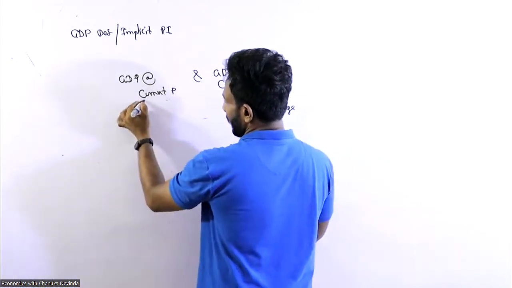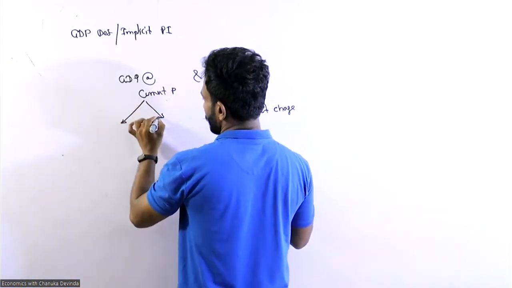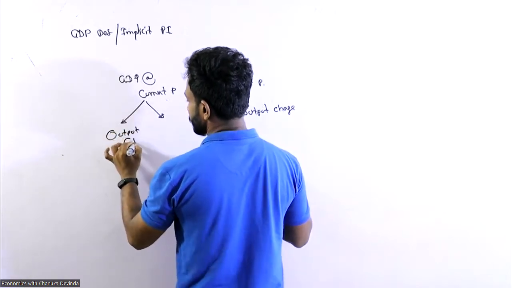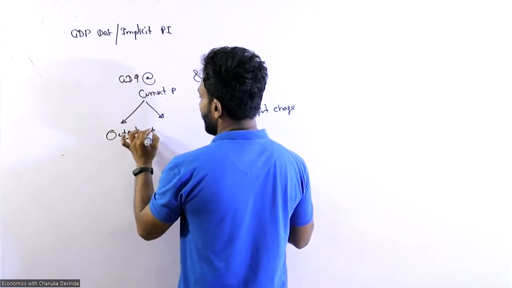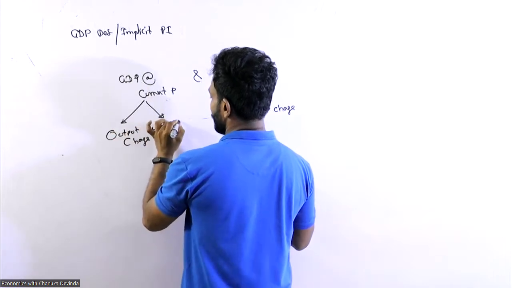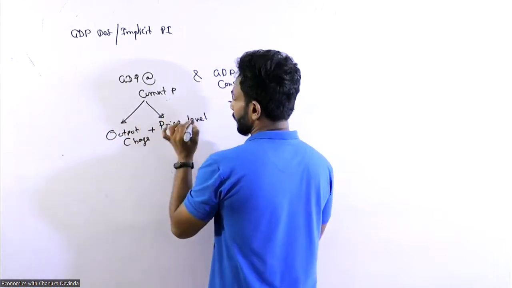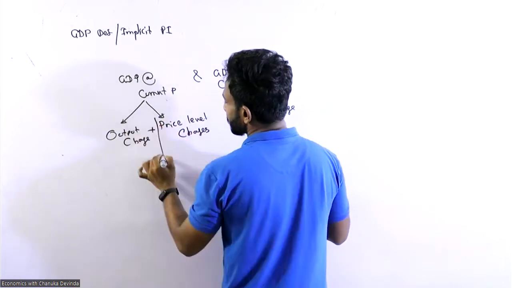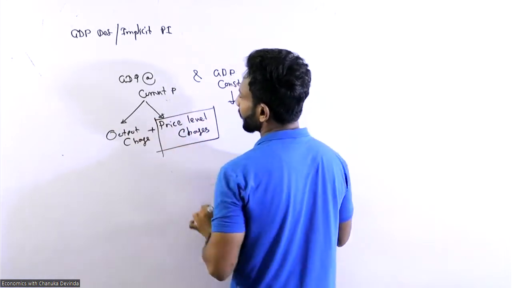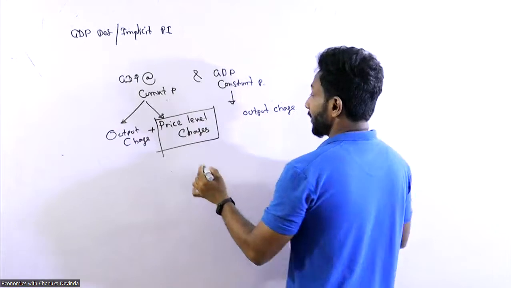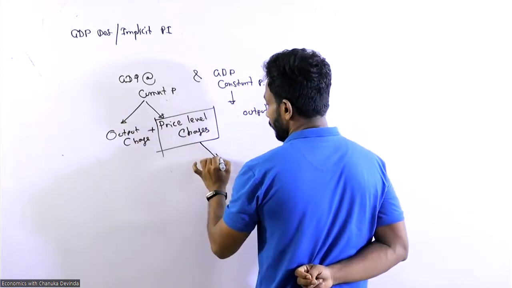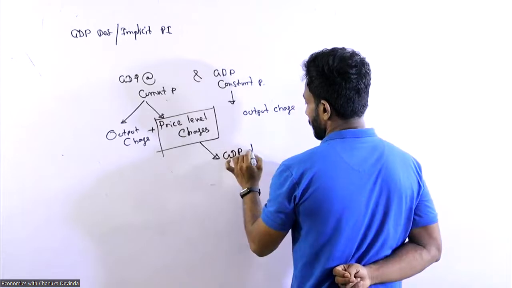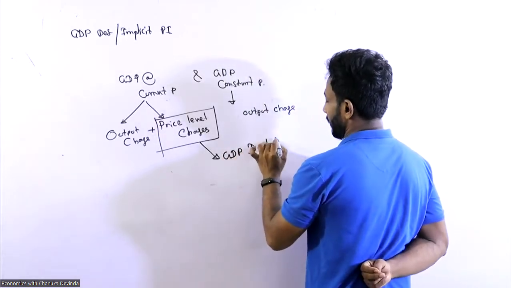But in market price, there are two things: output change plus price level change. This price level change can be identified through GDP deflator. It's easy, right?